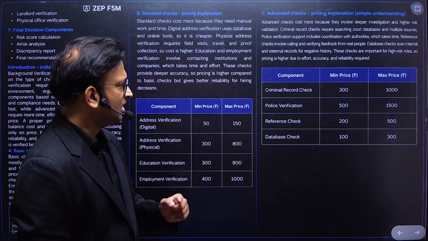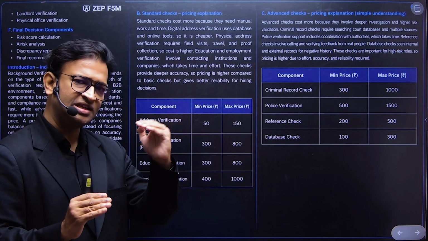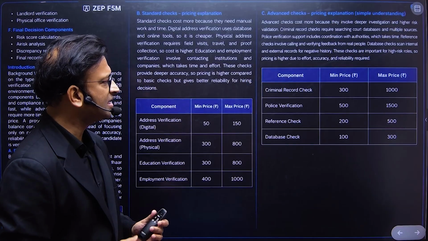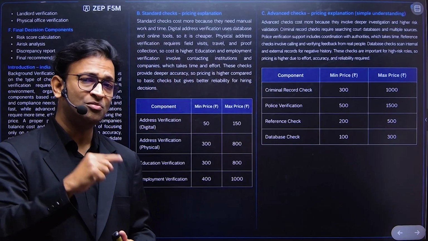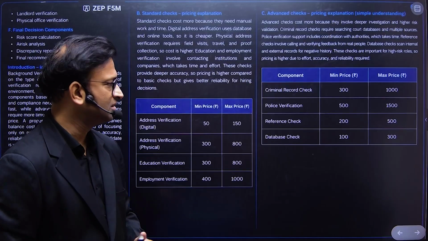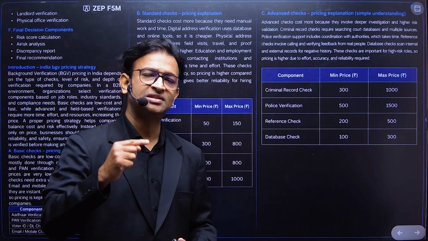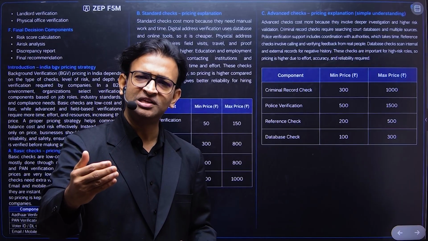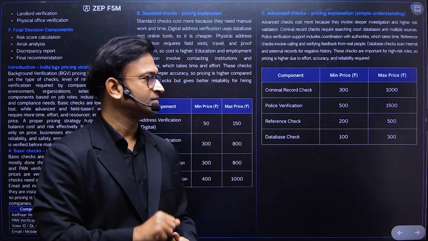Now, let's compare the price range for these verification methods. Criminal record check in the range of 300 to 1000, depending on the volume of the cases received. Police verification 500 to 1500, because it involves a lot of calling, emailing, visiting the police authorities and reference checking court databases.